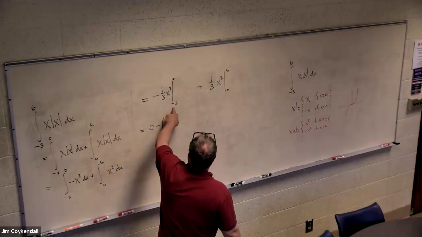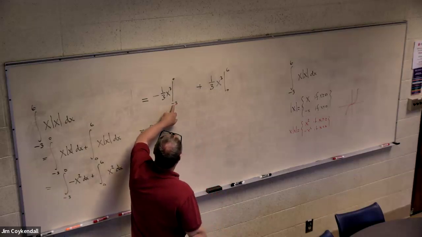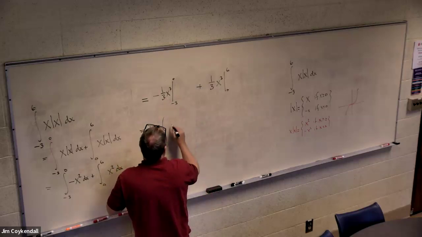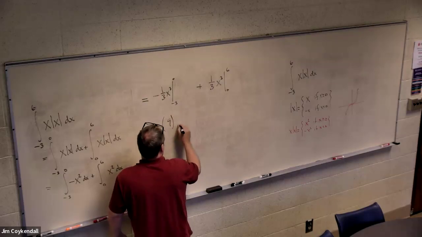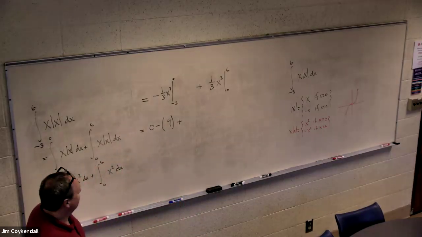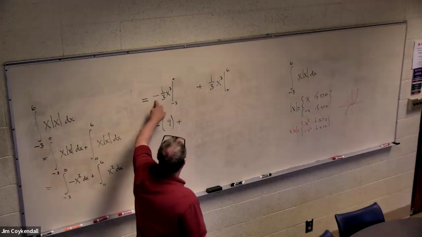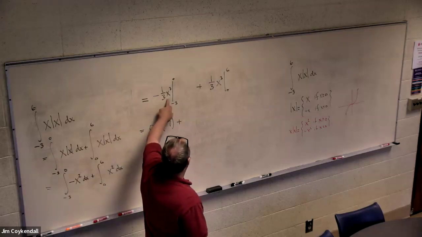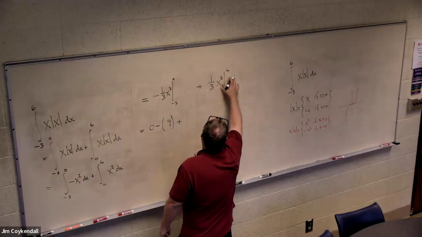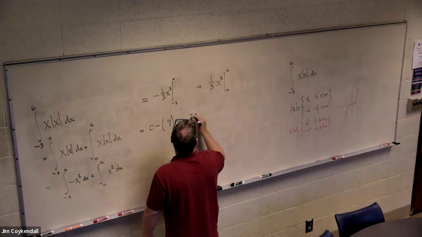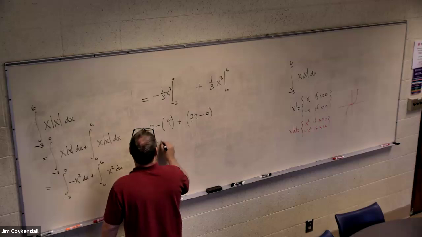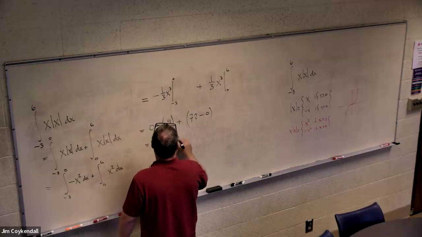When I plug in -3 here, I get -1/3 times (-3) cubed. A negative cube is negative, times another negative, back to positive. So 27/3 is 9. The other piece is going to be 216, 1/3 of that is 72 minus 0. So I get -9 plus 72, which is 63.